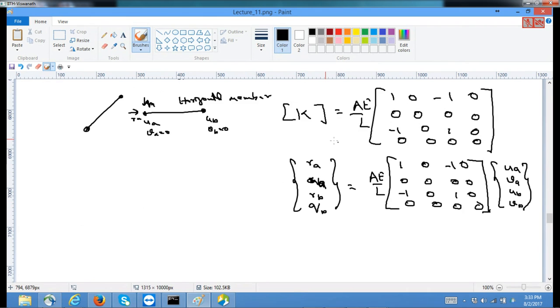This is for a horizontal case, it was very simple.